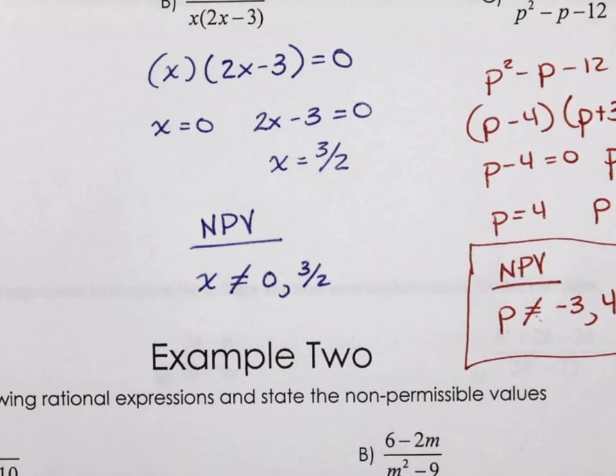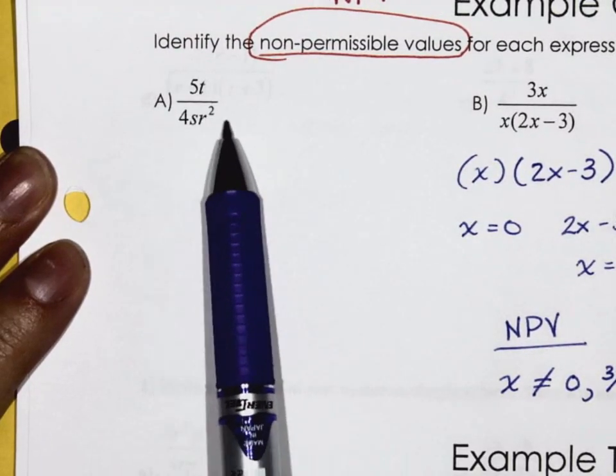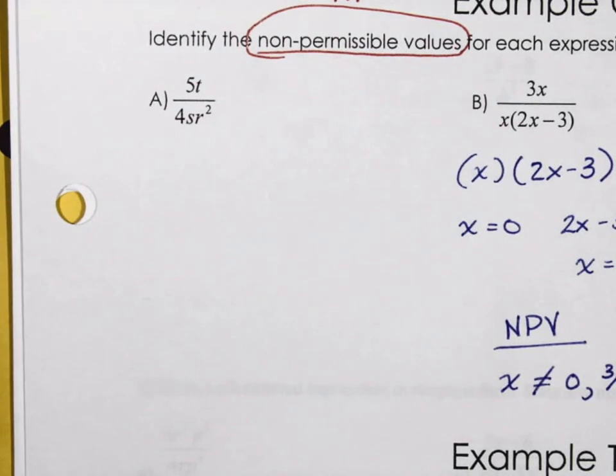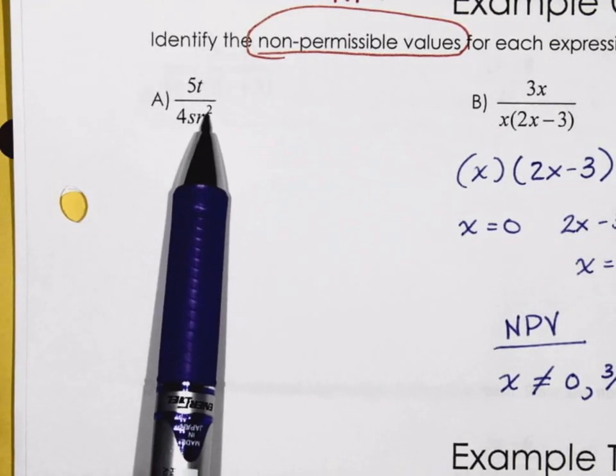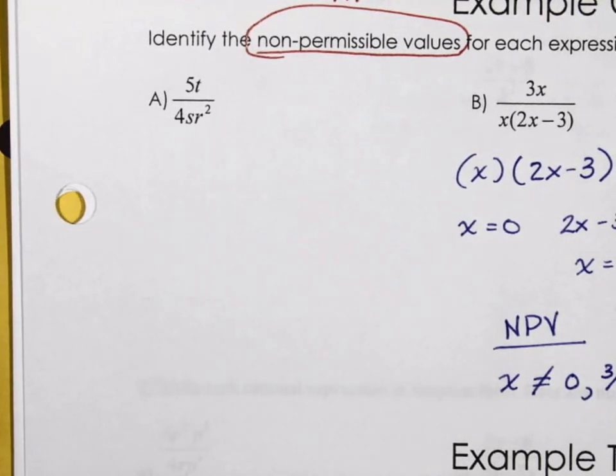Do you guys know what I mean by monomial? One term. Yes. What separates terms in a polynomial? Addition or subtraction, a plus or a minus sign, right? Are there any plus or minus signs here? No. So I'm going to give you a trick to remember this. When you have a monomial, the non-permissible value will always be 0 because everything's getting multiplied together.